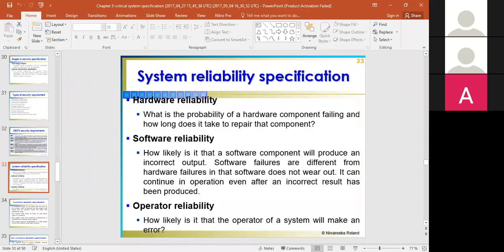Okay, so let's now move on to system reliability specification, of which we have hardware reliability, software reliability, and operator reliability. Hardware reliability is the probability of a hardware component failing, and how long it takes to repair that component. Software reliability: how likely is it that a software component will produce an incorrect output?